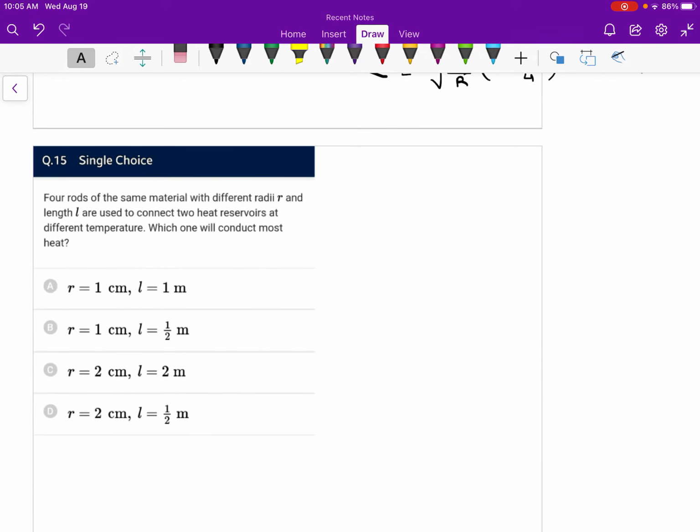Four rods, each of length L, radii R. Which one will conduct the most heat? So H is K A, which is K pi r square delta T upon L. So it is proportional to r square by L. So H1 is to H2 is to H3 is to H4 is in the ratio 1 by 1, R square by 1 half.